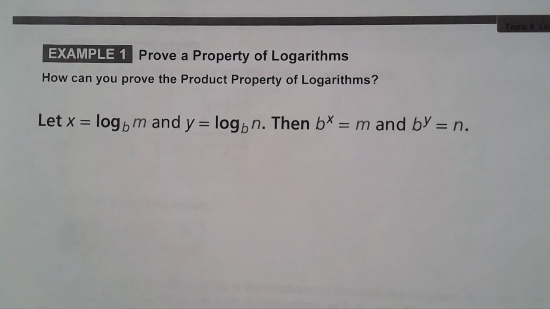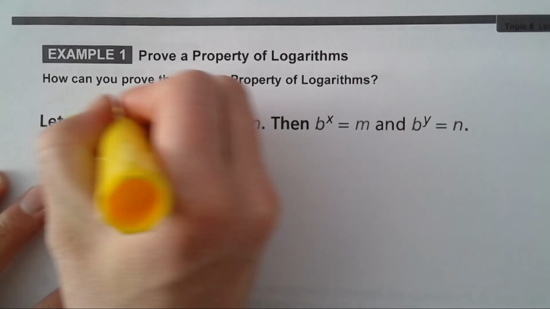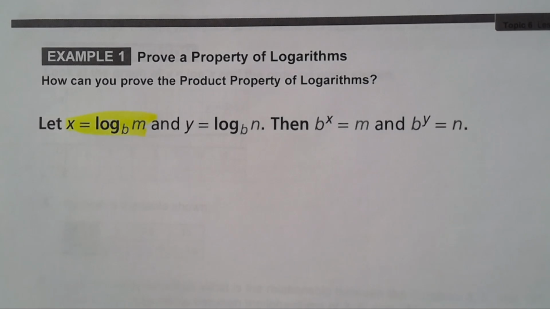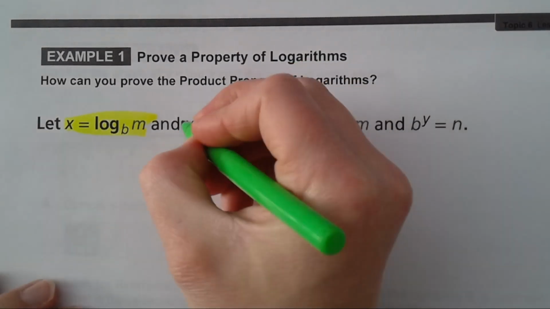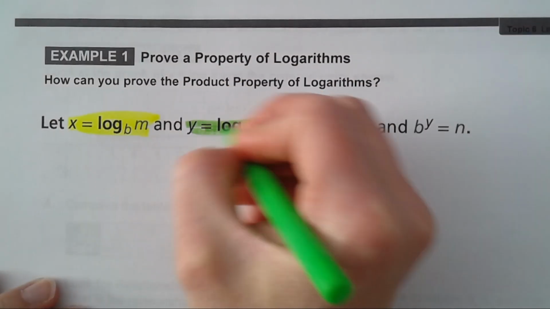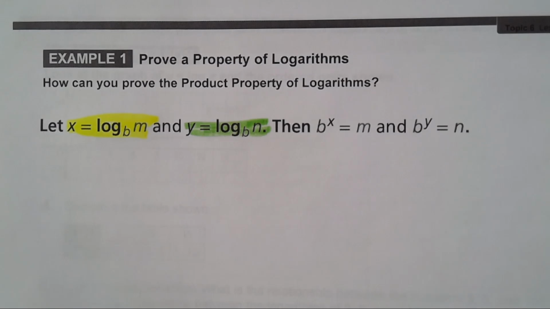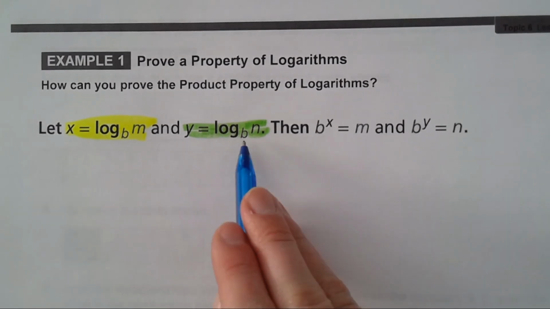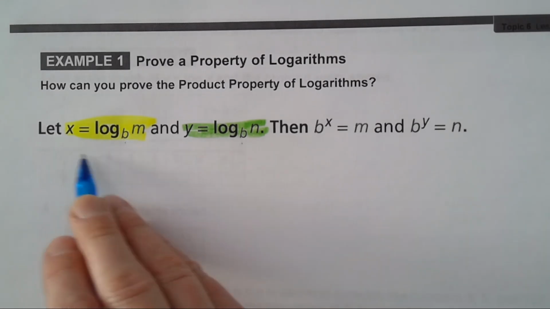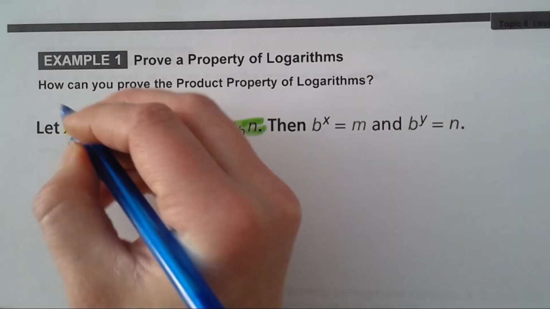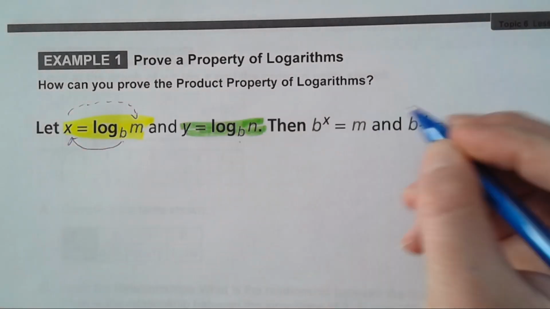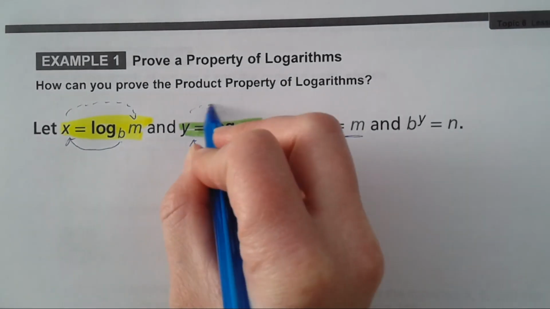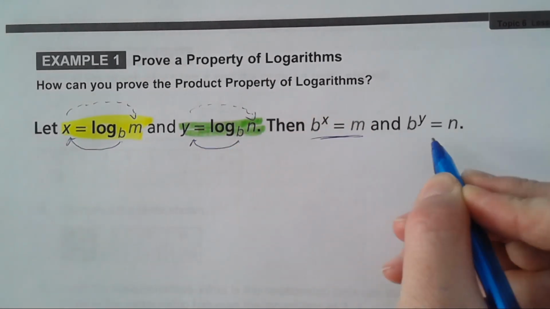We have x equal to the log base b of m, and y equal to the log base b of n. Then that means that if I were to change this, log base b of m equals x would give us this. Log base b of n equals y would give us that.